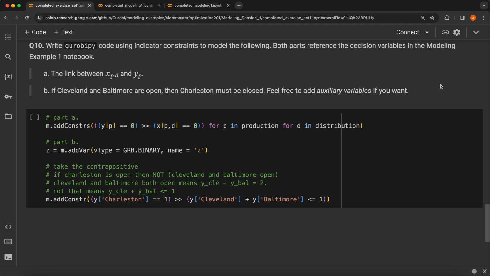So the negation of that part is y Cleveland plus y Baltimore must be less than or equal to 1. Let's put it all together in our indicator function. Our if part is: if y Charleston is equal to 1, then y Cleveland plus y Baltimore must be less than or equal to 1.